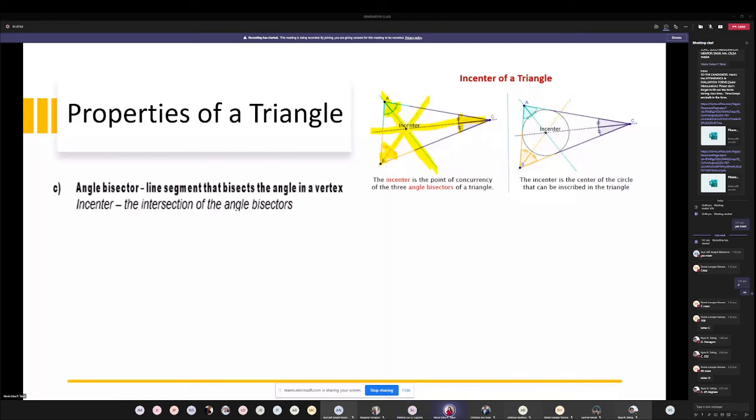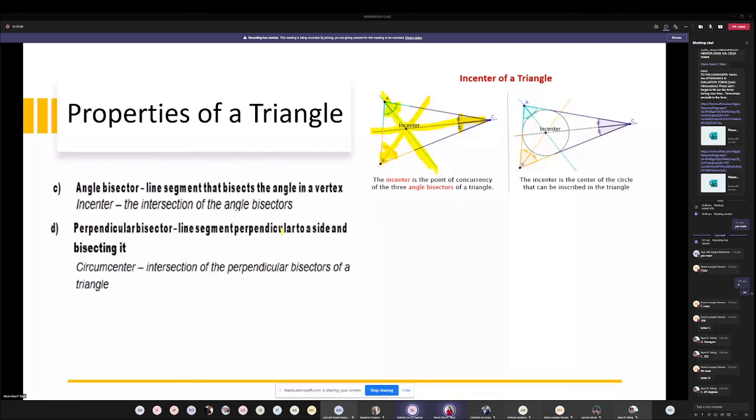And then we also have the perpendicular bisector. It's a line segment perpendicular to a side and bisecting it. So it's basically a combination of the median and the altitude.